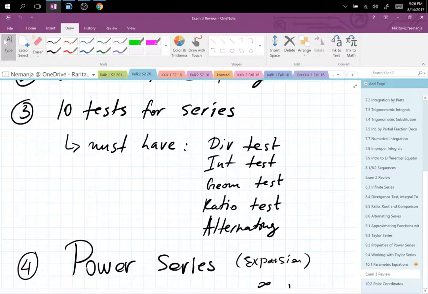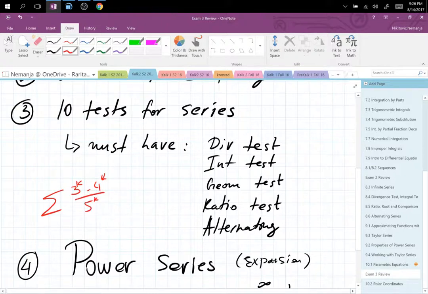Be mindful of situations where you can split the series, right? NGIT is by far the master of having that question on every single exam. Like the summation of (3^k minus 4^k) over 5^k. This is actually two series. You have (3/5)^k minus (4/5)^k, right?